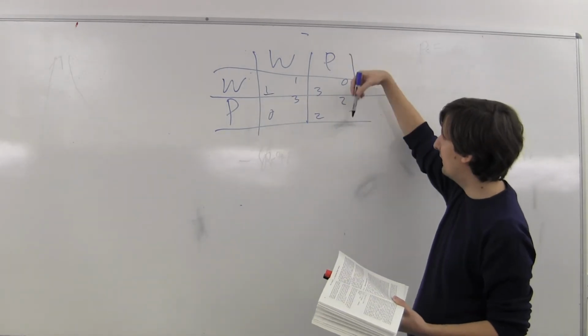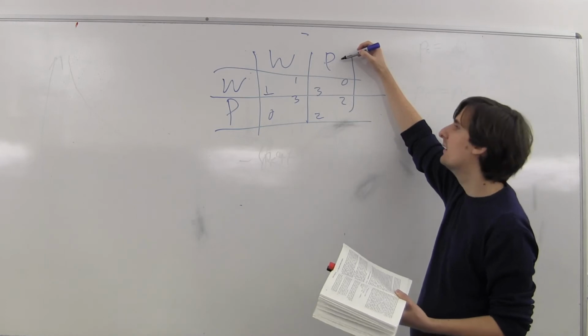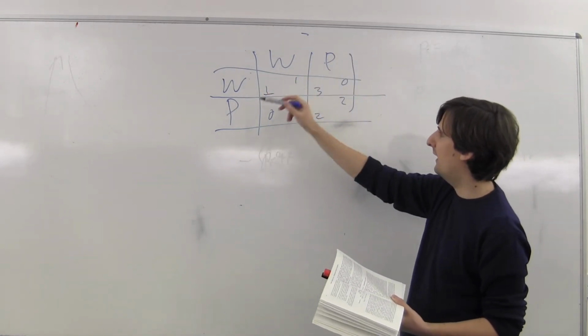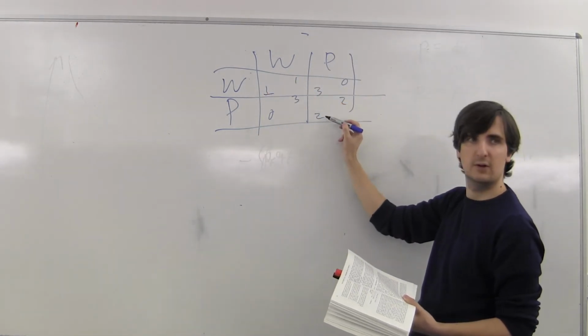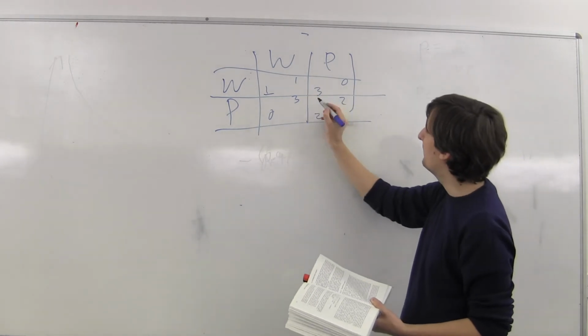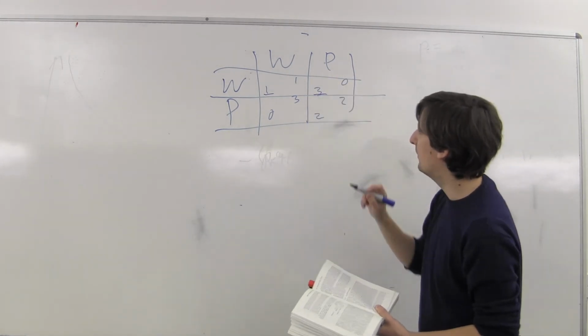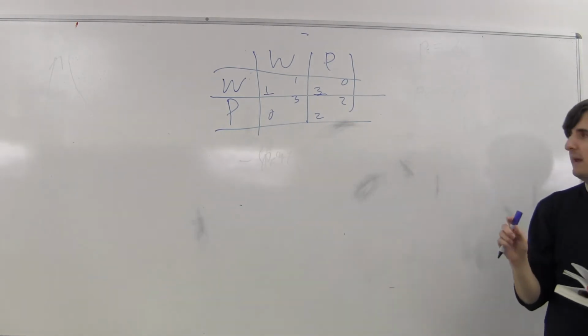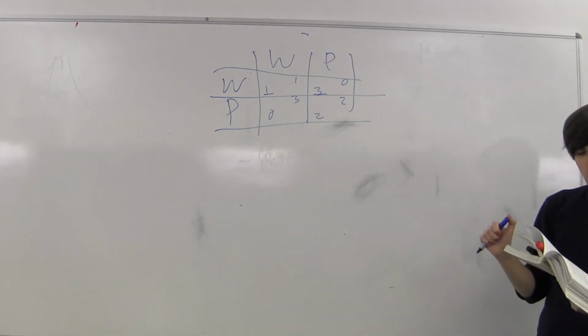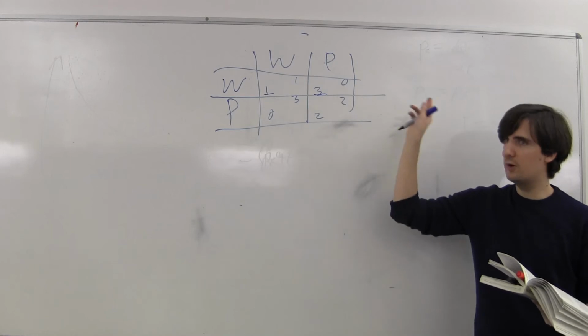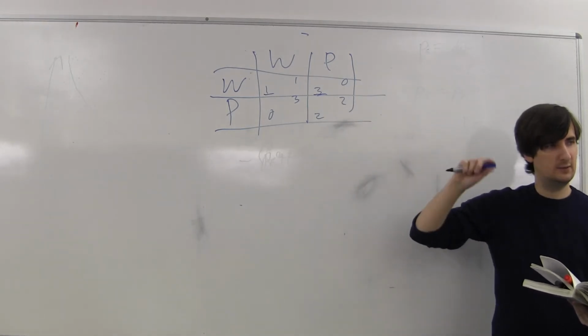If I told you the column player was going to play peace, the row player has a choice between getting 3 or getting 2, so the row player would still like to play war. So the best response function of the row player is to always play war.